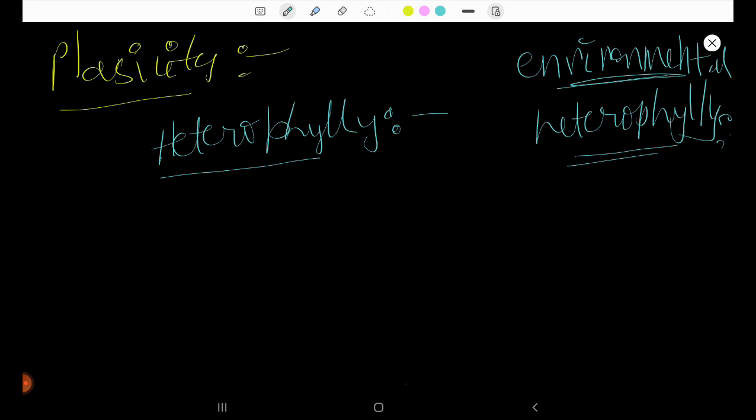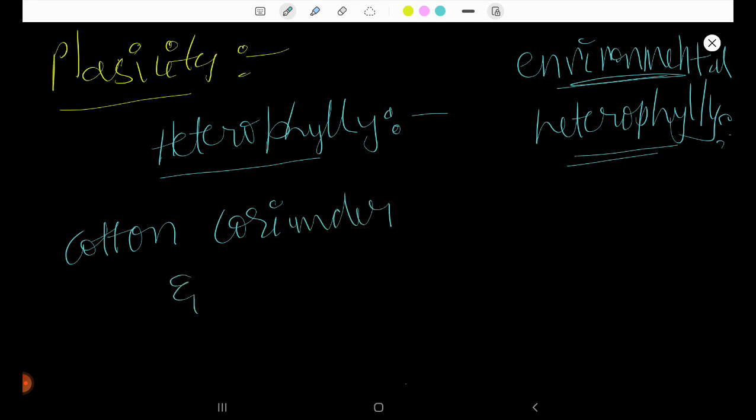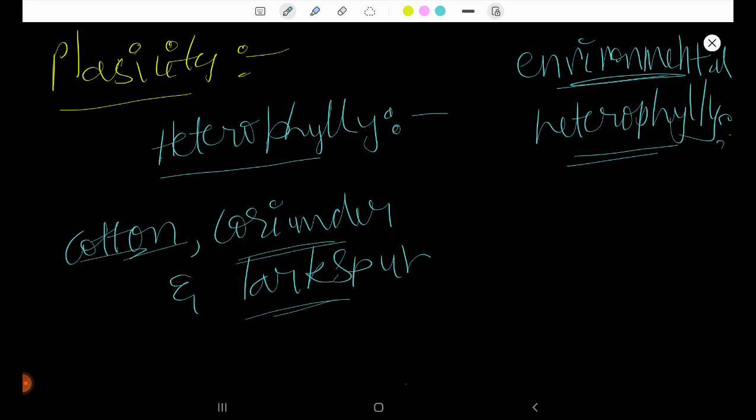Take for example cotton, coriander and larkspur; you have to remember these. These plants exhibit heterophily, meaning their leaves in the juvenile phase are different from the leaves in the adult phase.